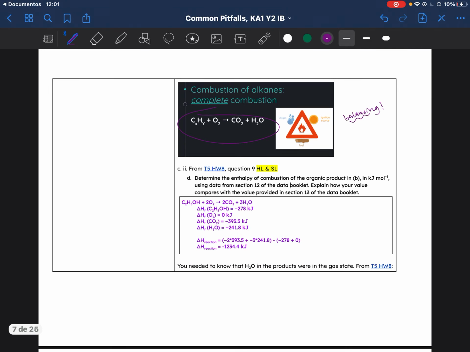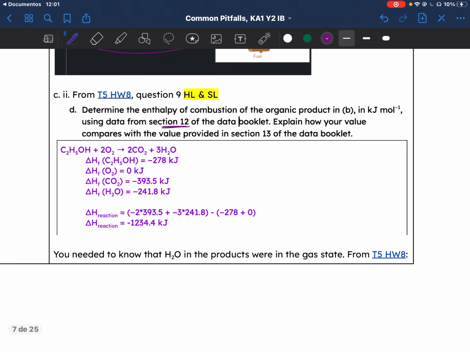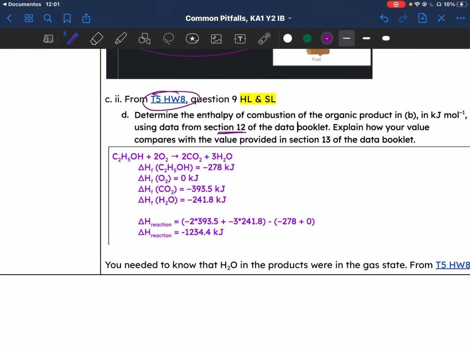All right, the next question you had was enthalpy of combustion of the organic product using section 12. Okay, so this gets into topic 5, finally, right? So you saw practice of this here, topic 5, homework 8. Recall, when I'm using section 12, that's going to be enthalpy of formation data.